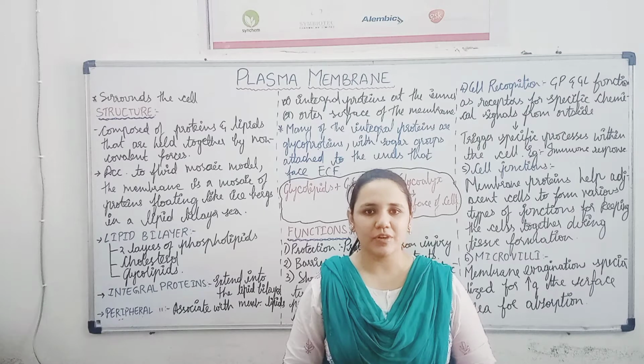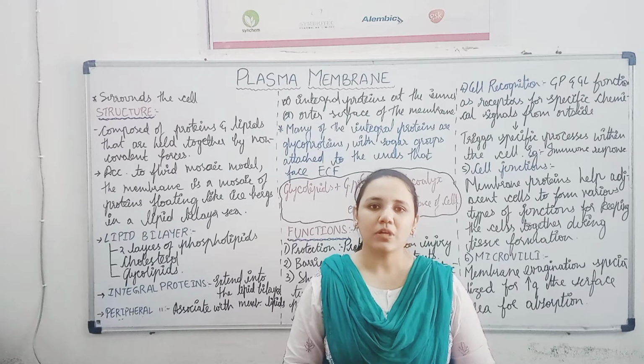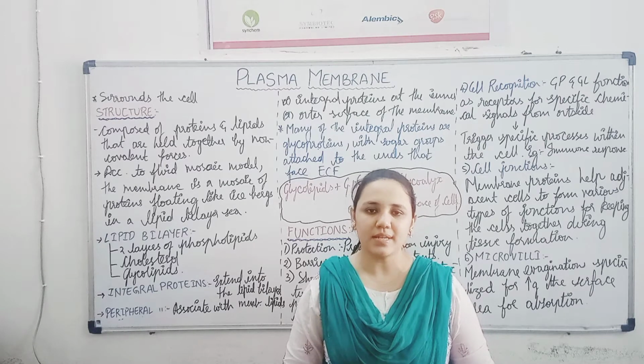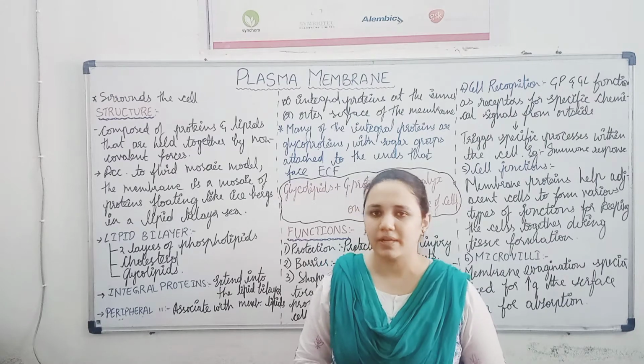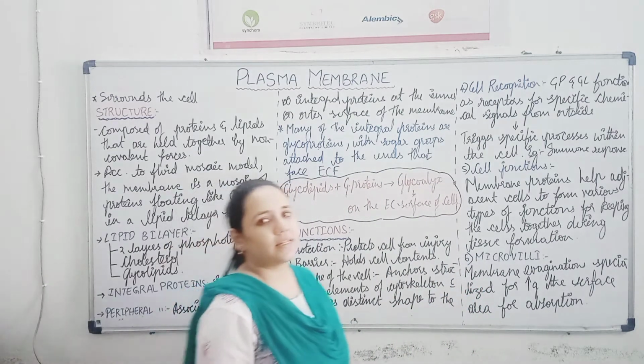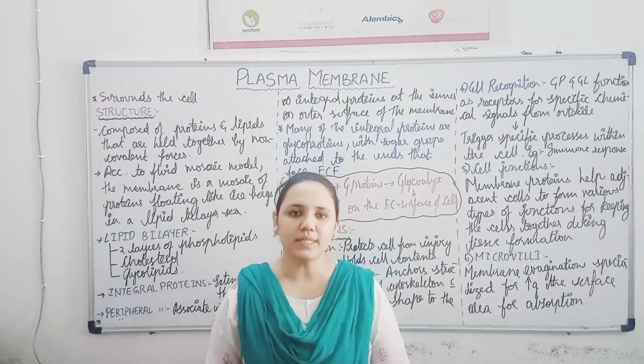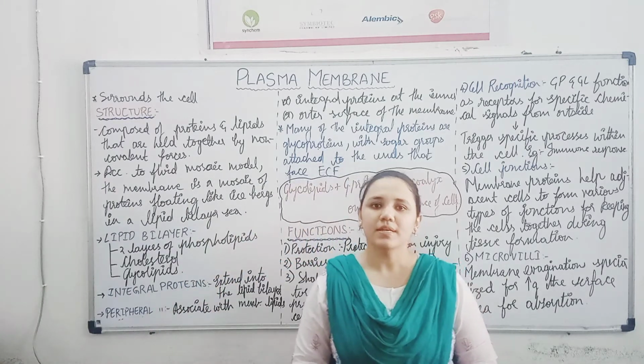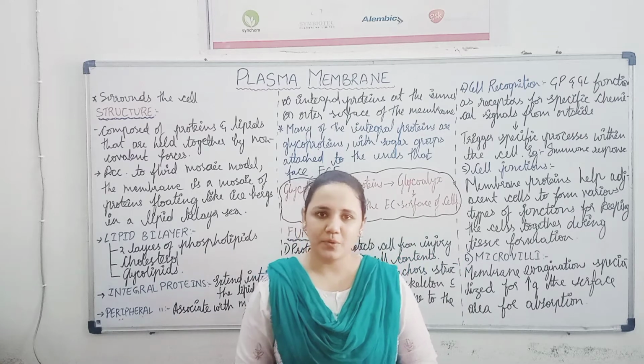In our today's video lecture, we will learn about the first component of the cell, that is the plasma membrane. In our previous class, we have seen that a cell consists of three main components: cell membrane, cytoplasm and nucleus.